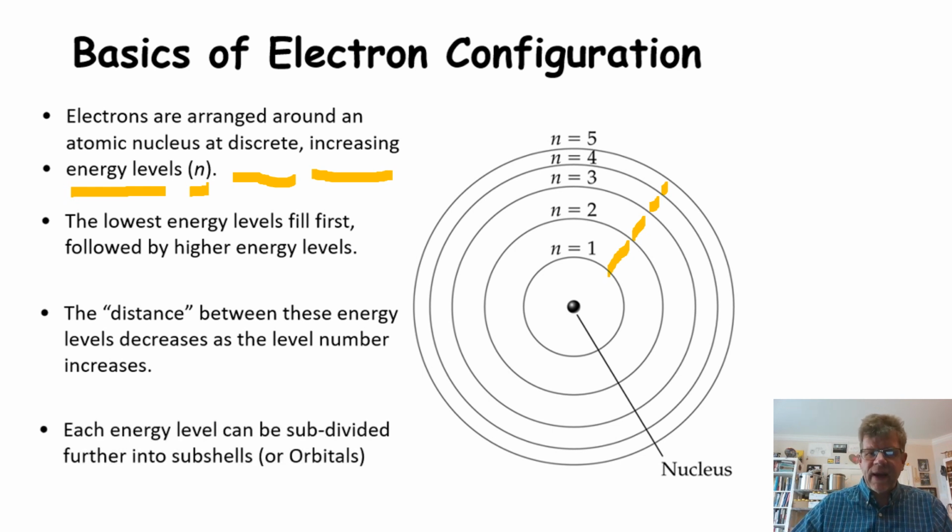Now, we're going to find that within energy levels, we have an address system to break these energy levels down further into what are called orbitals or subshells.